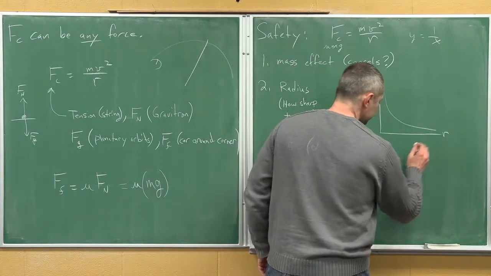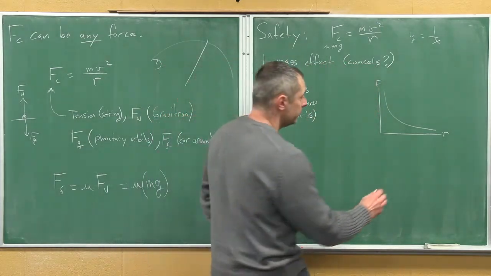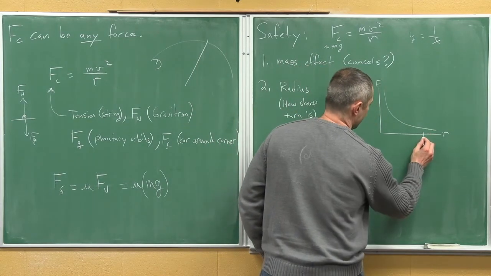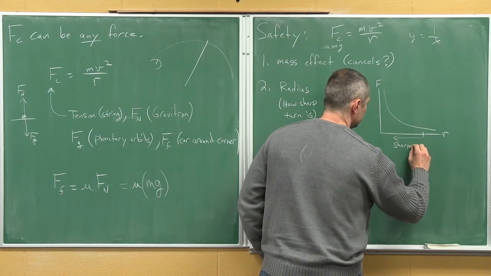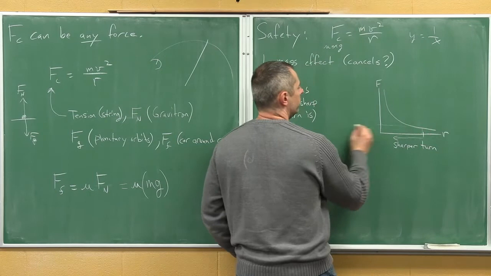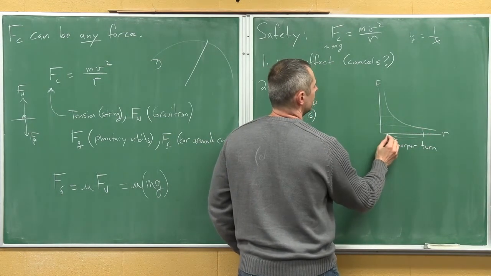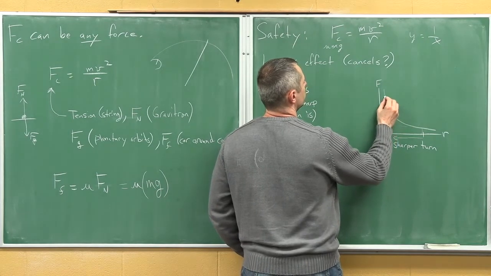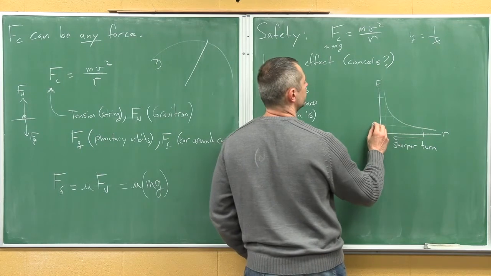So this, we could say, is a sharper turn. Let's suppose here's the original turn, and then we go like this for a sharper turn. Well, at this radius, look at the force. But look at this radius, force like this. Now let's go even smaller radius. Oh, look at this force really getting large quite rapidly as you get to real sharp corners.